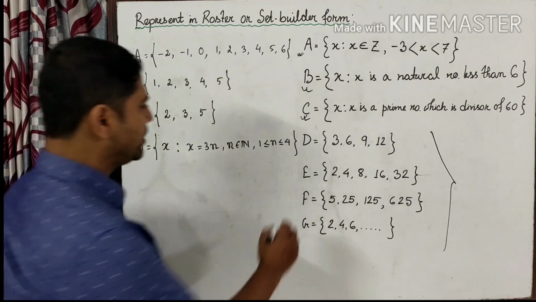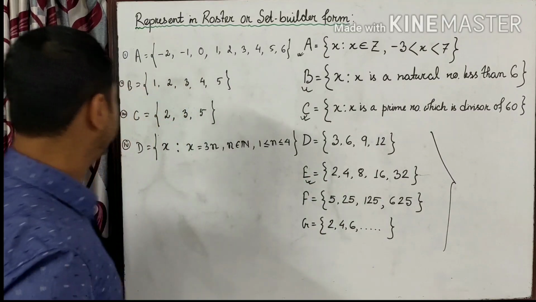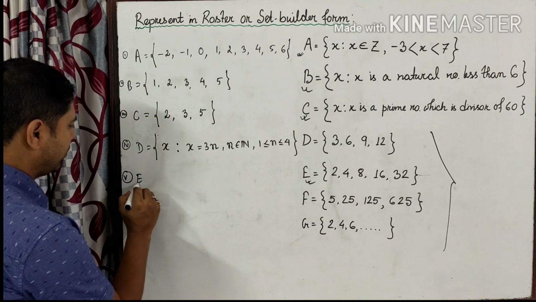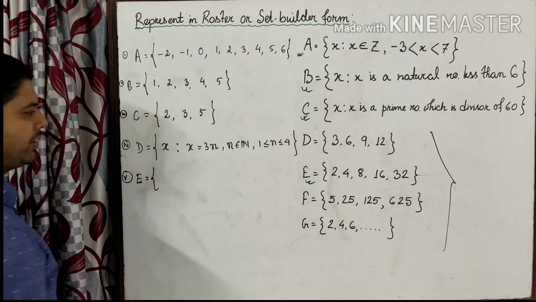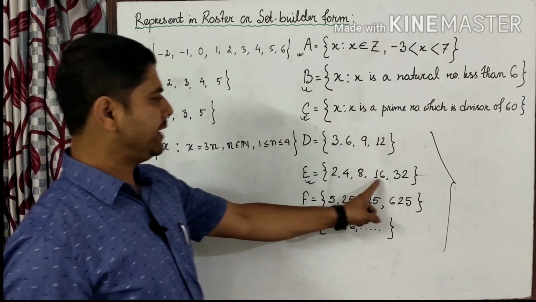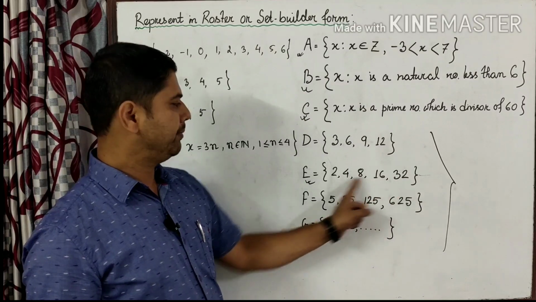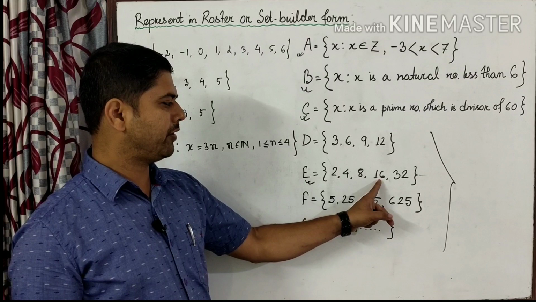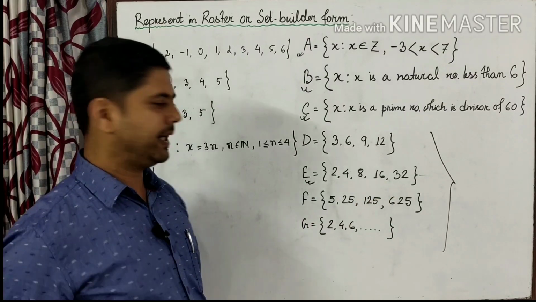Okay. Next we consider this one. Number 5. Here E is equal to what? 2, 4, 8, 16, 32. These are multiples of 2. We have 2, 2 square, 2 cube, 2 to the power 4, 2 to the power 5, like that.